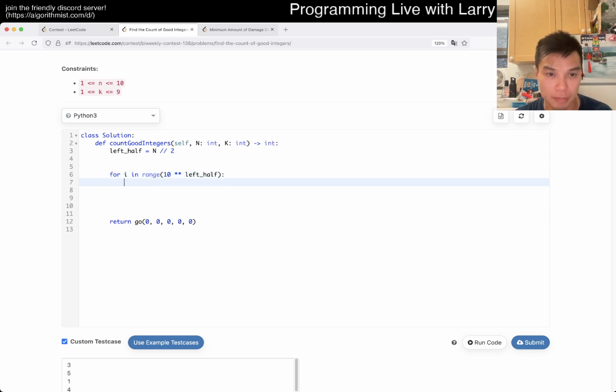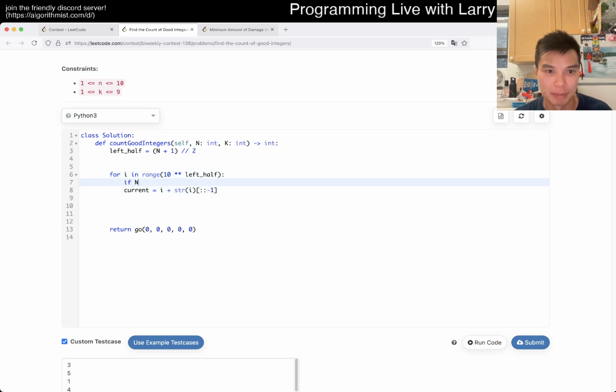Right. If it is odd, then we round up. Okay, and then now we have total is, I misread this one so hard. Okay, so current is equal to I plus reverse I, right?